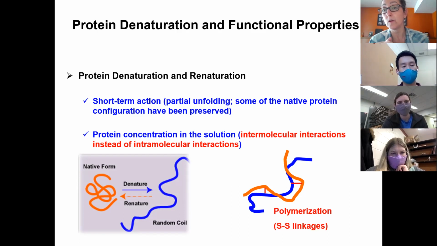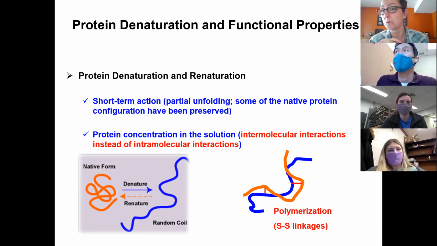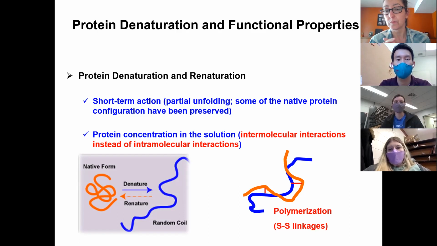So 1 minute for one protein might be just enough versus another protein, maybe 10 minutes. It depends on the protein type and the bonding that stabilizes that protein. So it really varies. It's not one shoe that fits all, basically. It really depends, and you discover that by experimentation more than anything.